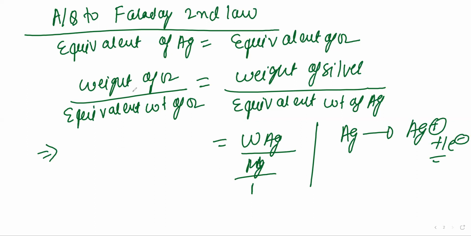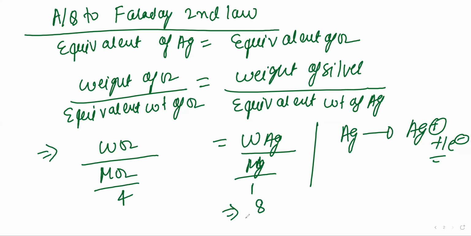Similarly for O2, weight of O2 divided by molecular weight of O2 divided by 4, because factor is 4. So now cross multiply or put the values first. For oxygen weight is 8, divided by molecular weight 32 divided by 4, is equal to weight of silver divided by molecular weight of silver 108 divided by 1.